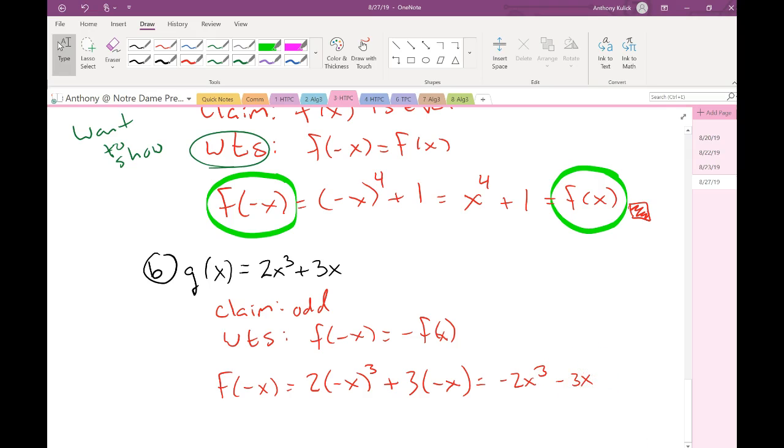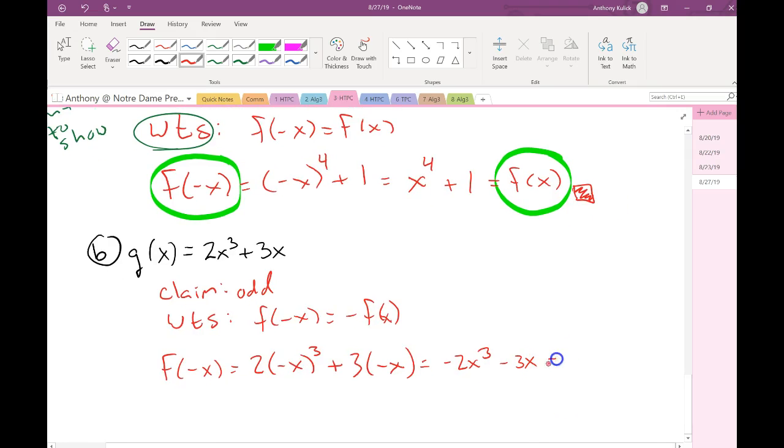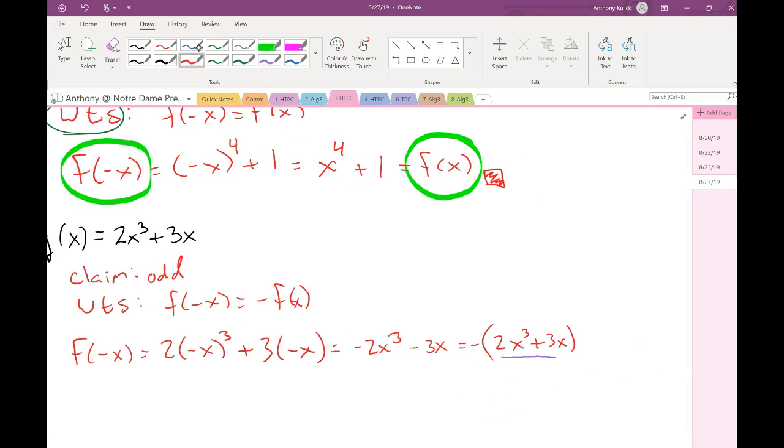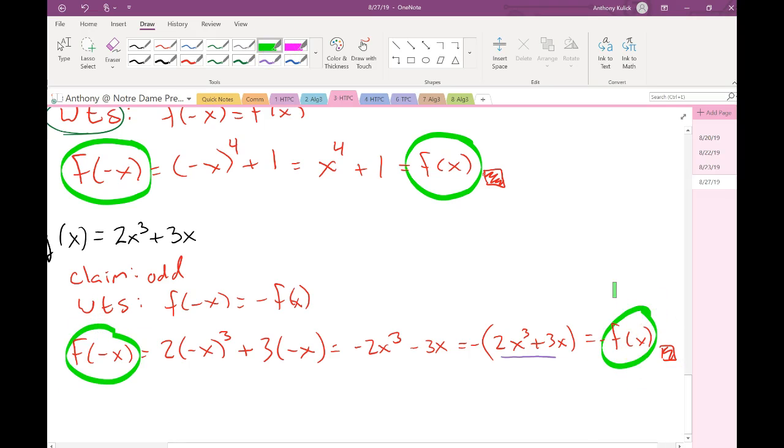And I notice that each of the terms here is negative, so I can factor a negative off. And 2x to the third plus 3x is the same thing as my f of x. So what I've shown then is f of negative x equals negative f of x.